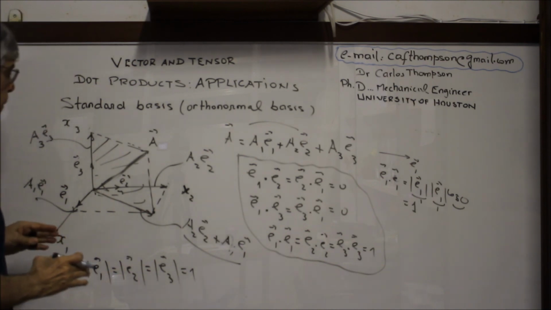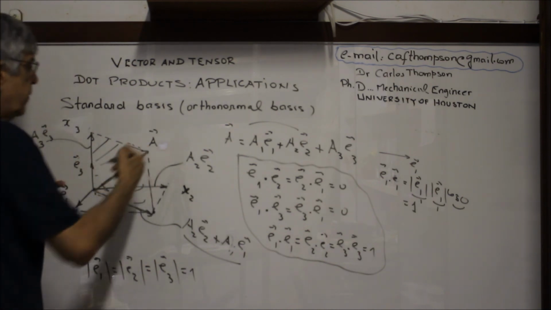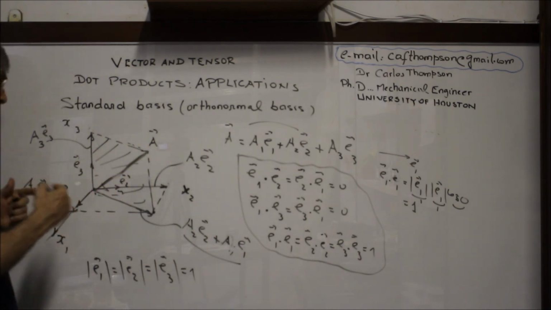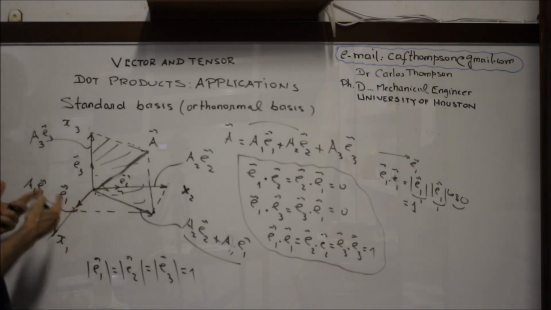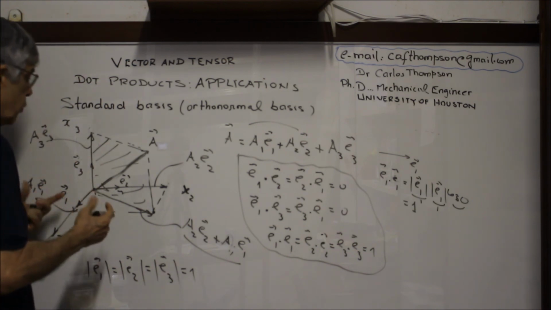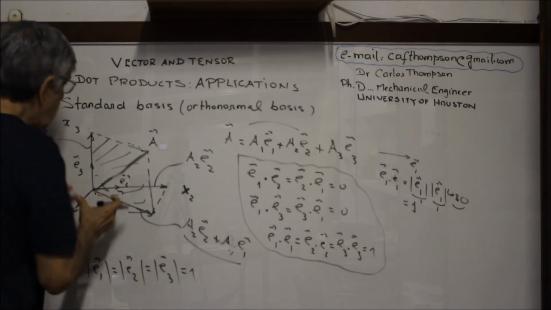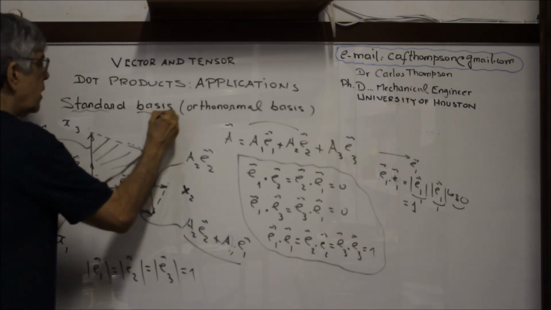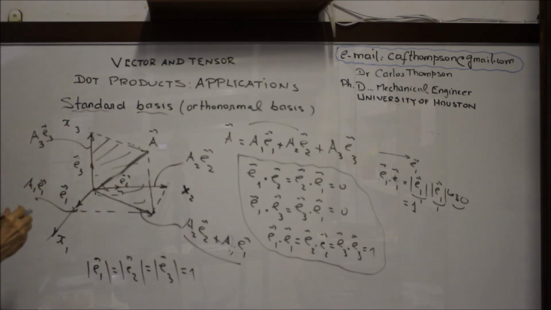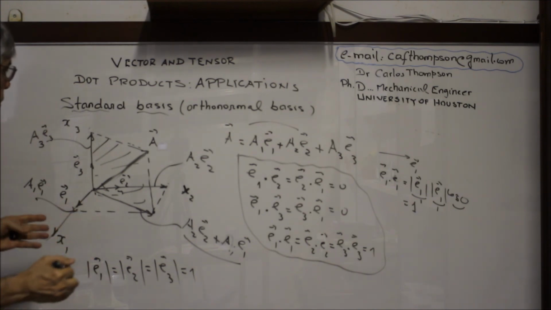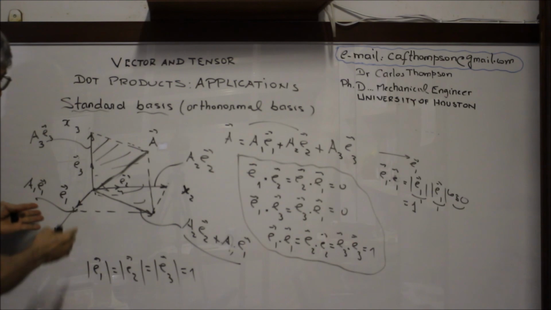Okay, so a vector A can be broken down into 3 components when we use a standard basis or another basis. Not only the standard basis.